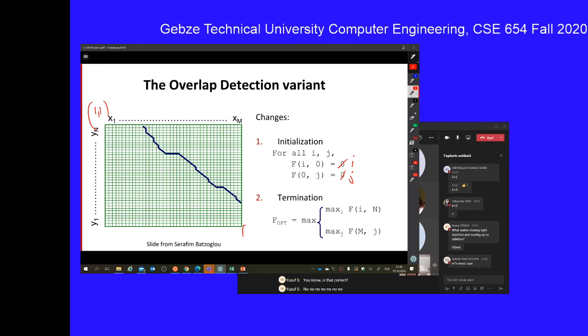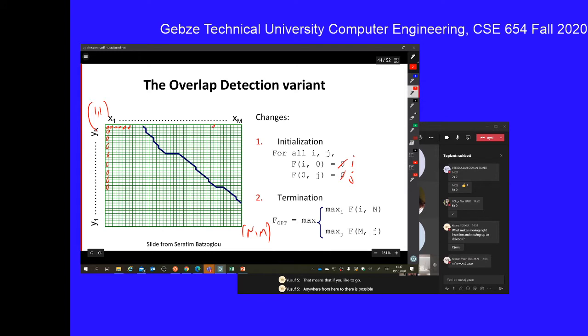Yeah, M is here. So these are all zeros. These are all zeros. That means that if you like to go anywhere from here to there is possible.